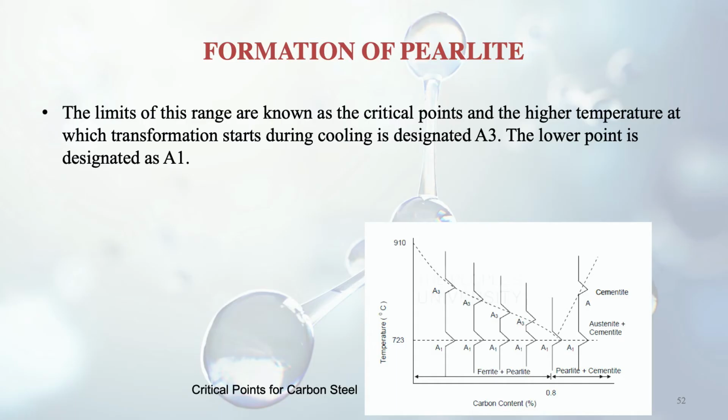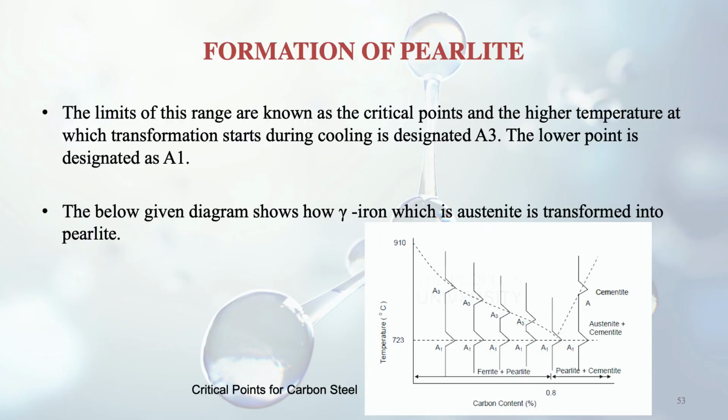The limits of this range are known as the critical points. The higher temperature at which transformation starts during cooling is designated as A3, and the lower point where the transformation finishes is designated as A1. So in this figure you can see A3 and A1.